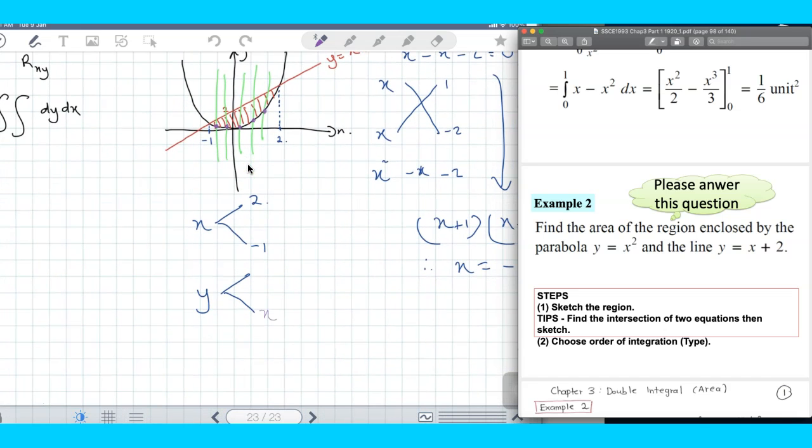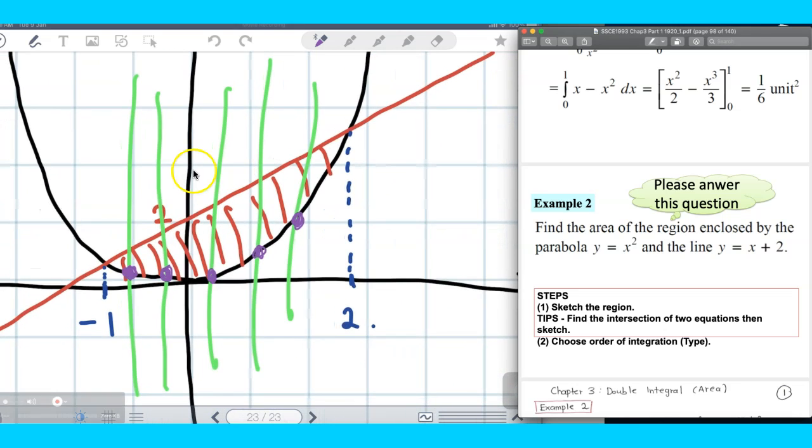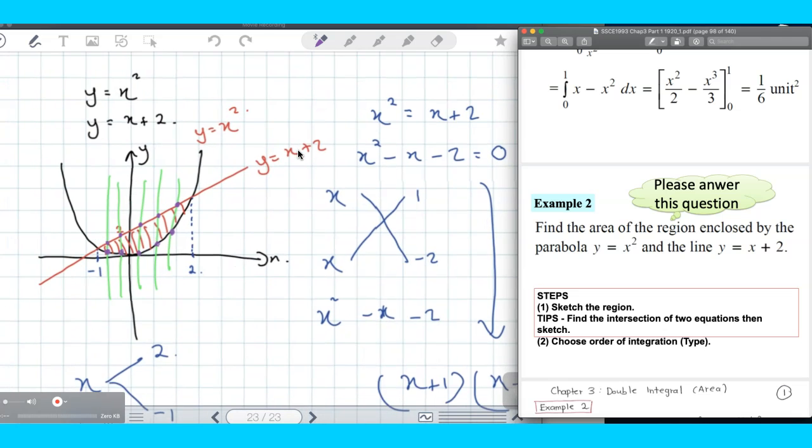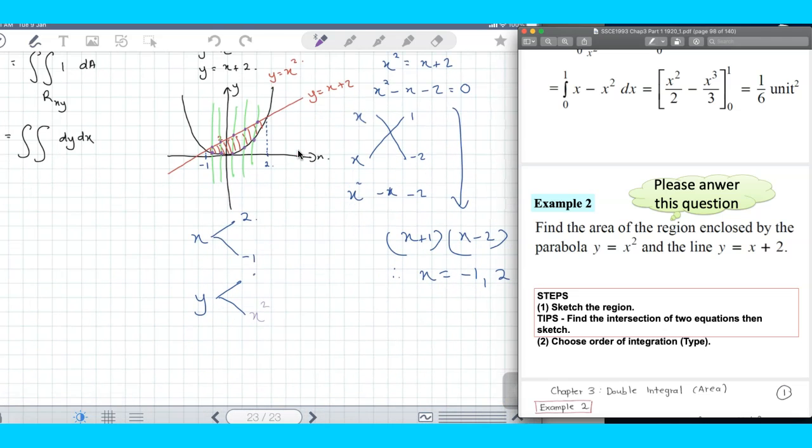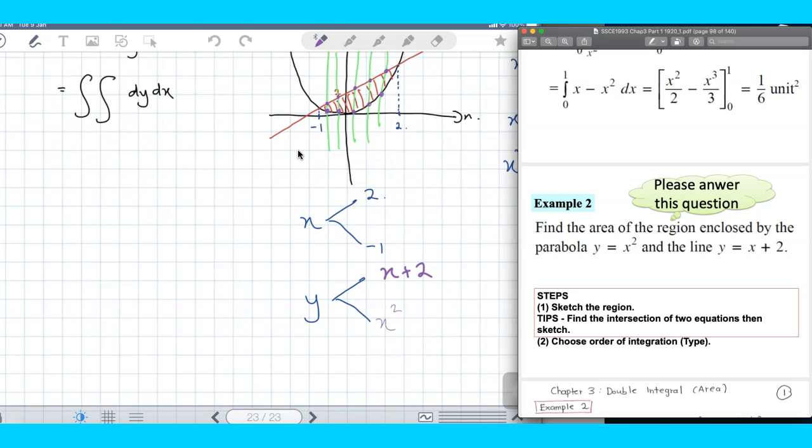Then when you go up, the terminal point is this one, this one, and this one, all belonging to the line y equal to x plus 2. So the limits are x from minus 1 to 2, and y from x squared to x plus 2.